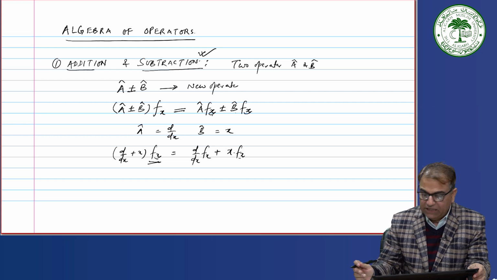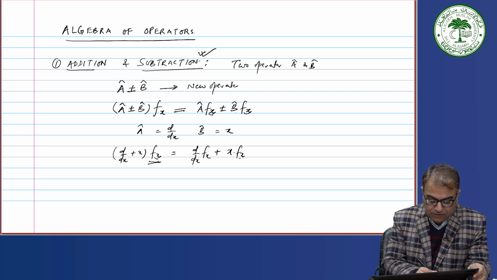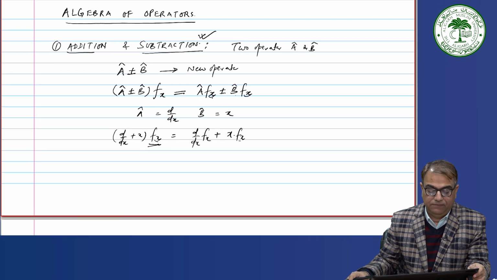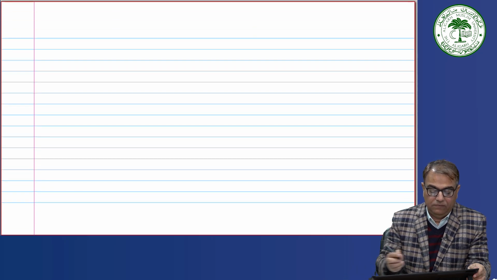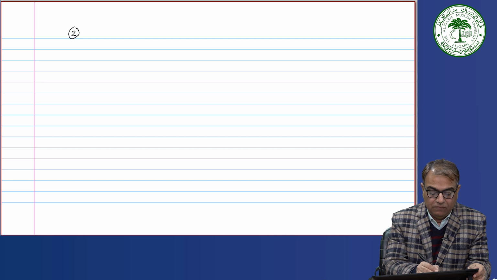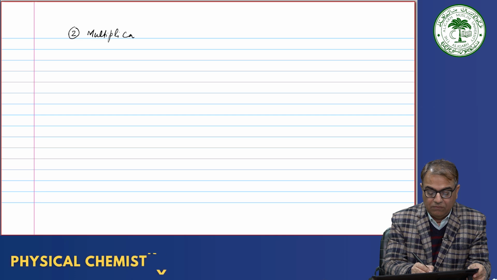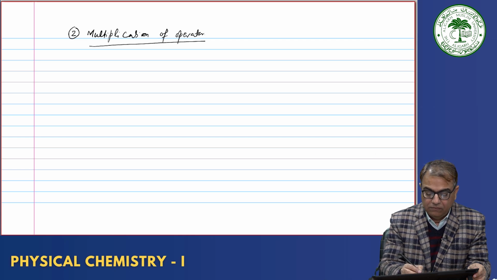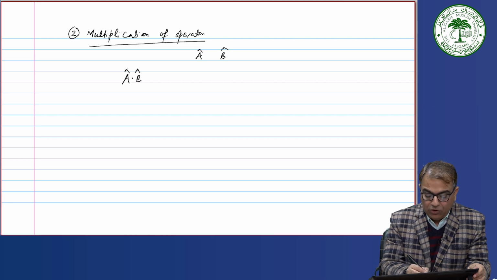Okay. Then what about the multiplication of operators? If you have operator A and operator B and you multiply them, you write AB, and you operate with it on a function f(x), then what does it mean?